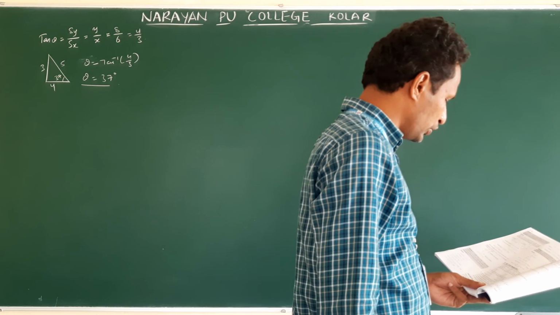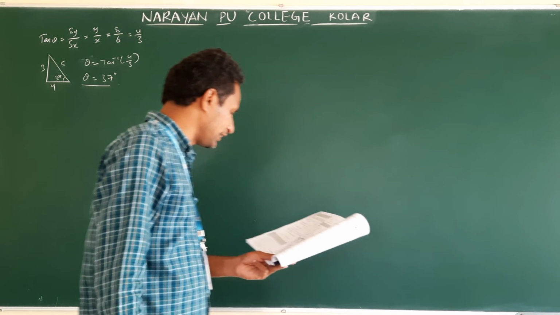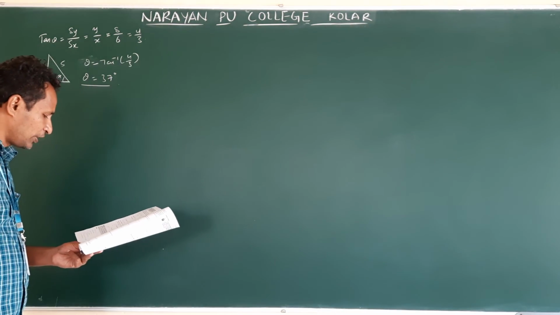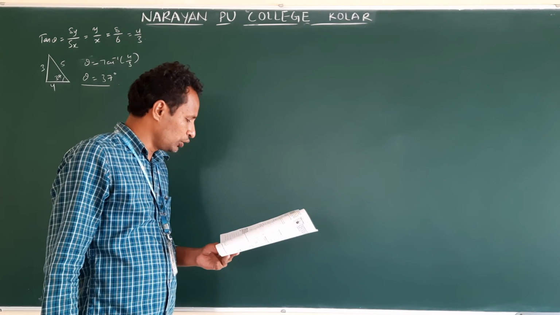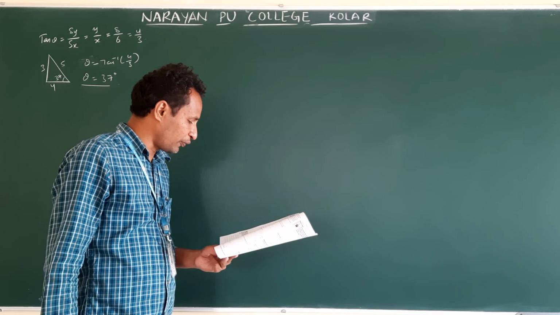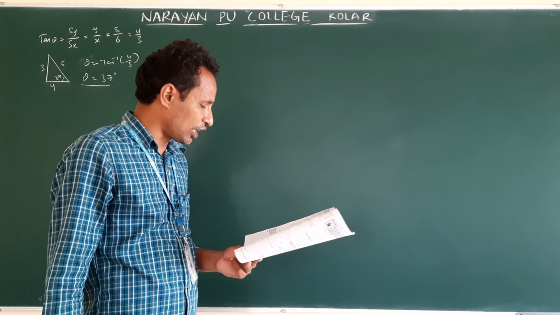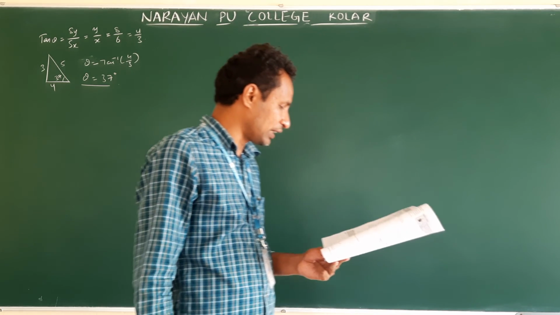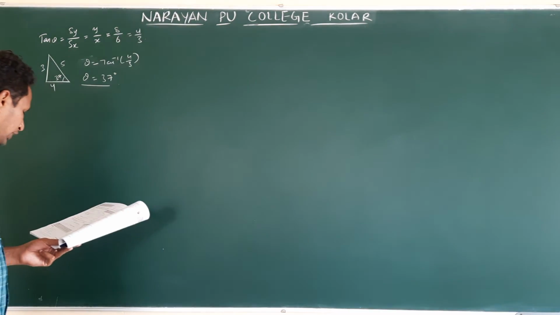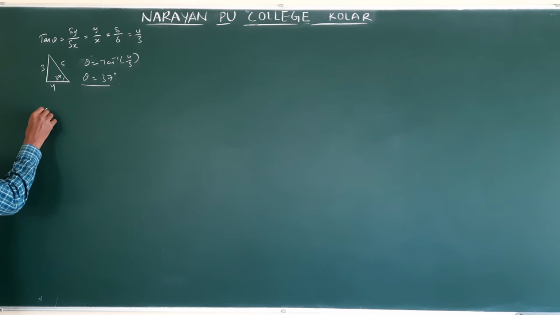A particle moves in the xy plane under the acceleration 3 i cap plus 4 j cap meter per second square. If the initial velocity is 6 i cap plus 8 j cap, find the velocity and position vector of the particle after 2 seconds. So they gave the acceleration vector a.